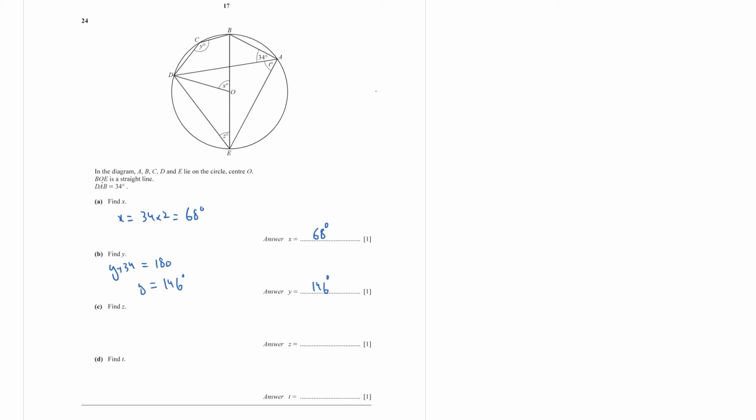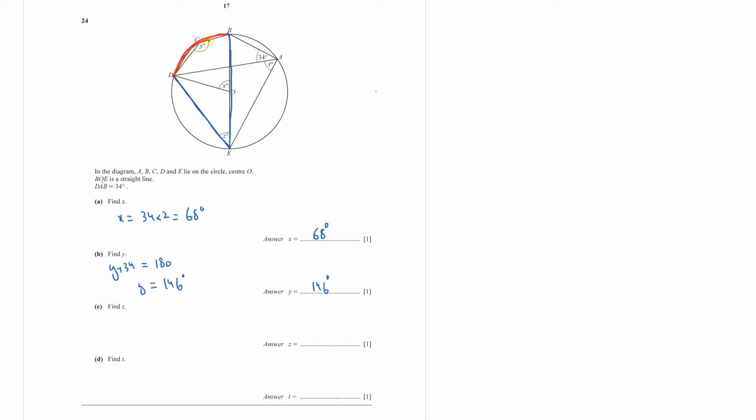So let's see. Z is angle DEB, and it's subtended by this arc DCB here, right?